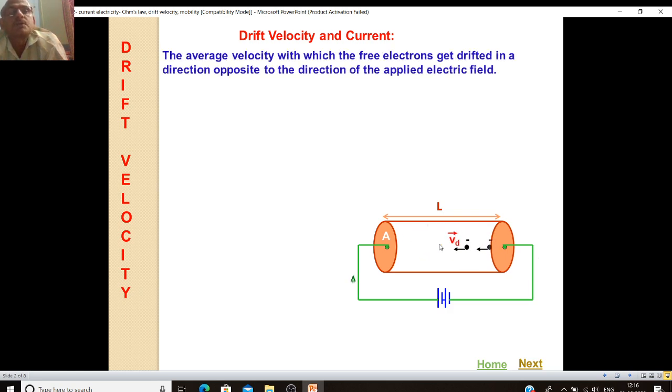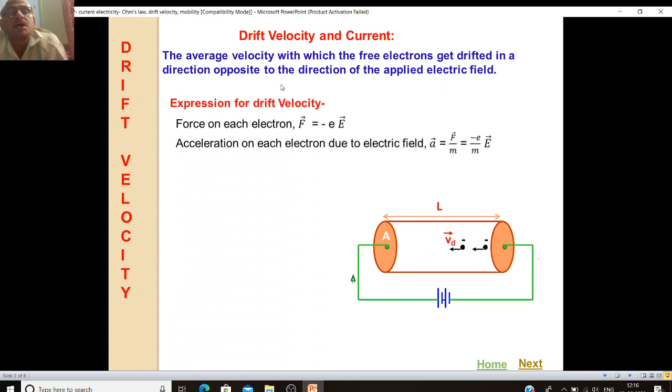Now the drift velocity is the average velocity with which the free electrons get drifted in a direction opposite to the applied electric field. So it is the average velocity.